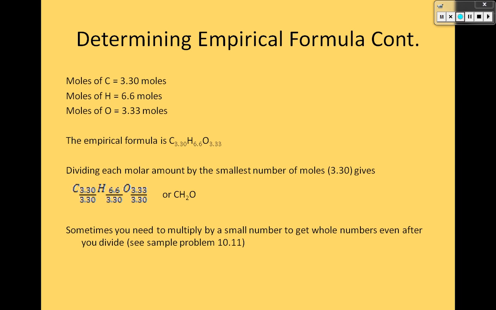It's sample problem 10.11. I would maybe try to figure it out all the way to the point that we got to here, and then it shows you, because I think there's like a 2.5 or a 2.33 or something, how to multiply to get whole numbers even after you divide.